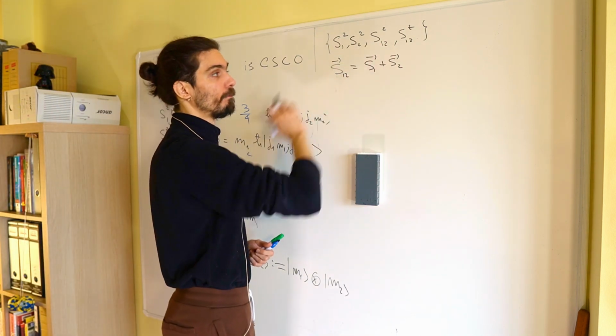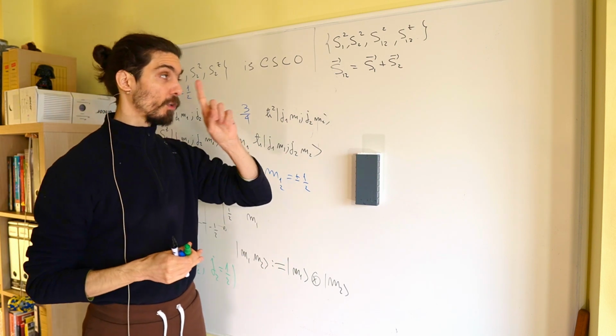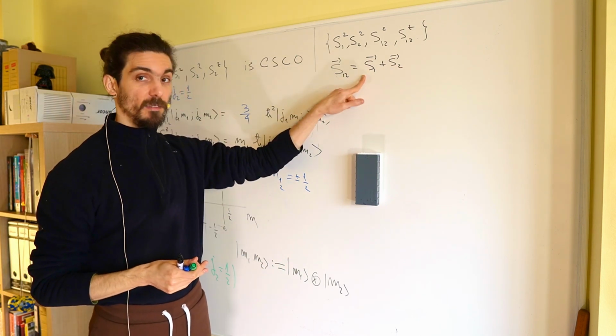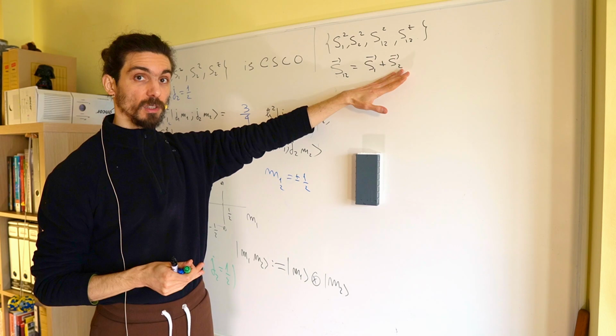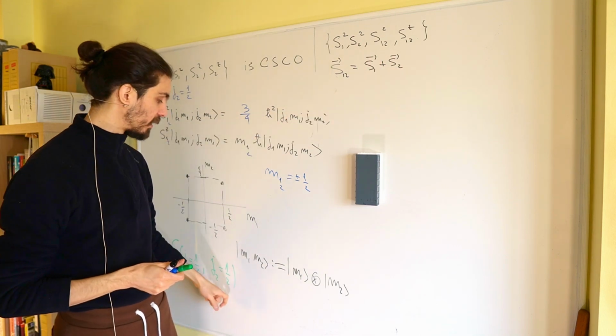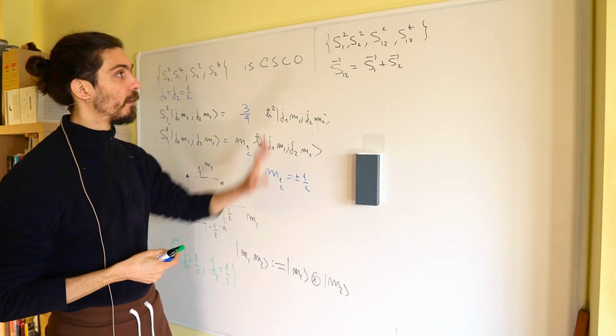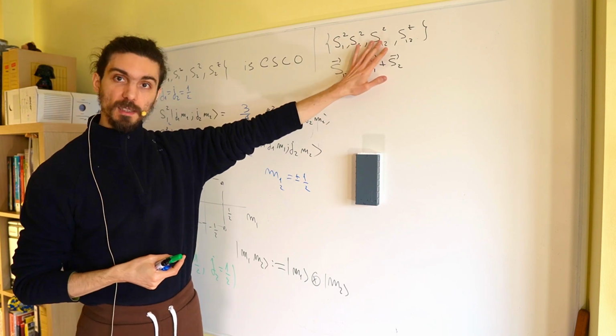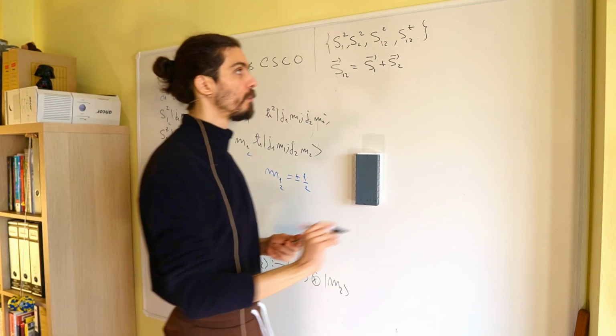Again, before going into the proof, these must be understood as extensions into the tensor product. We are working with this again. Now, you can show that this thing is a CSCO. They all commute.